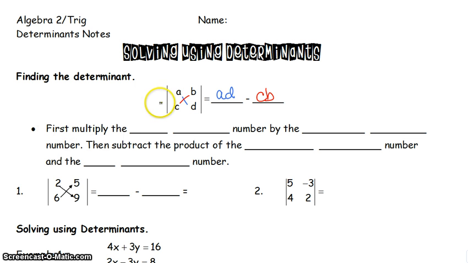So again, first you multiply the top left number by the bottom right. That's going to give you your first product. Then you're going to subtract the product of the bottom left, and you're going to multiply that by the top right number.